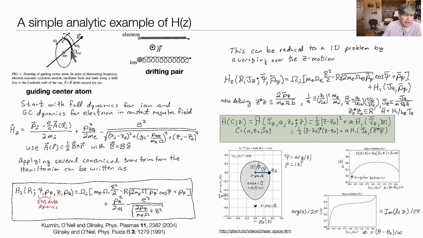You have an electron going around its cyclotron motion, bouncing back and forth in Z, and then doing an E cross B drift motion in the plane perpendicular to that. Here is shown in the complex plane that E cross B drift motion of the guiding center atom.